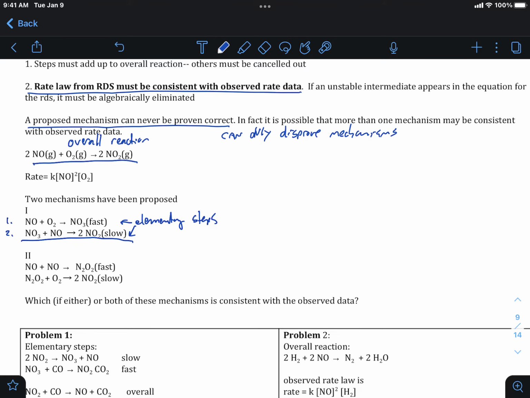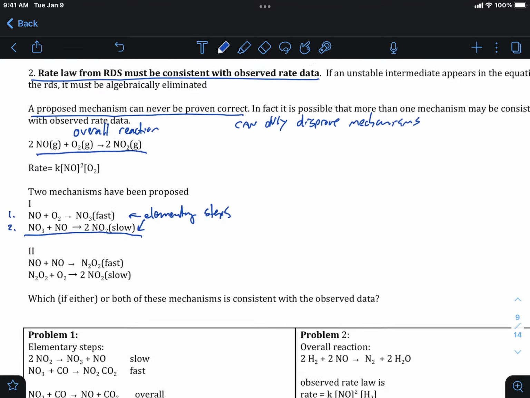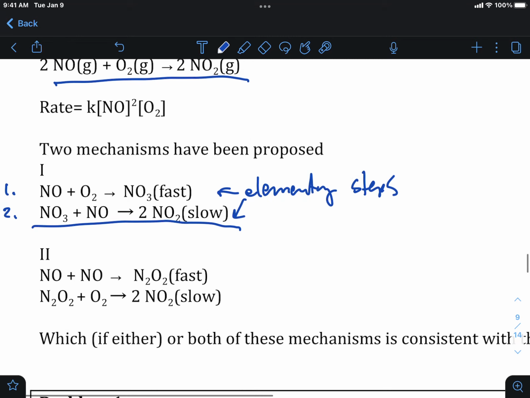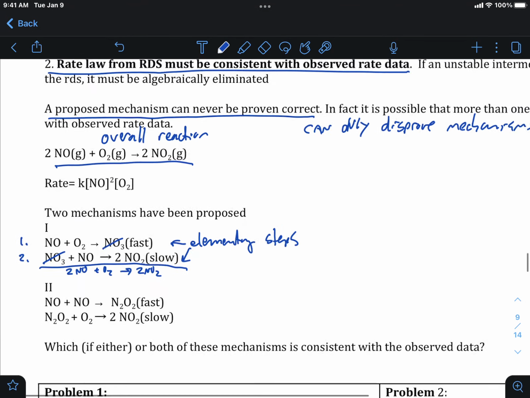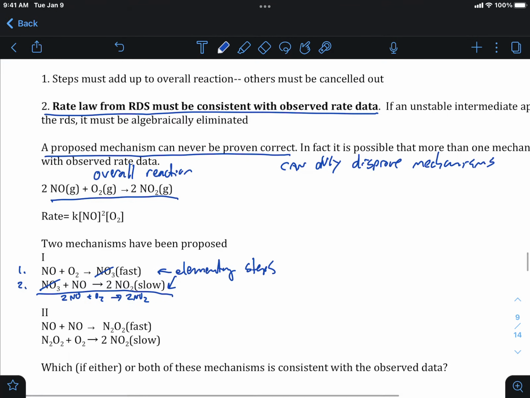So what happens when I add those steps together? Well, let's see, NO3 and NO3 cancel. And I'll have 2NO plus O2 that will form 2NO2. So first and foremost, does it pass the test of equaling the overall reaction algebraically? Yeah, it does. Okay, so it passed the first hurdle.